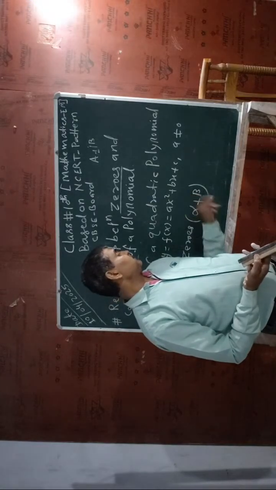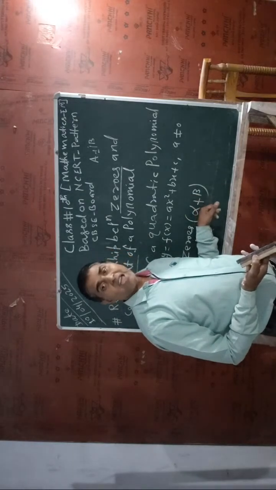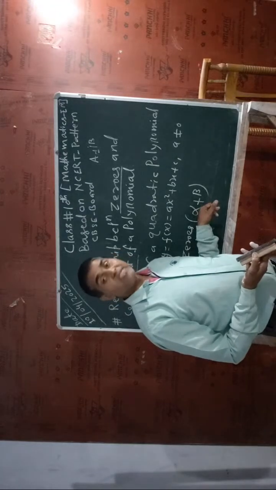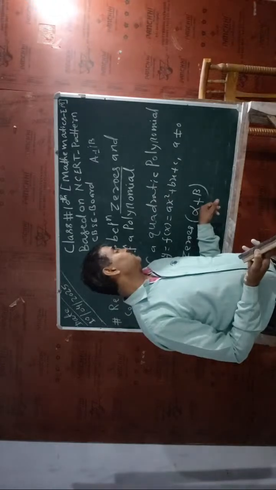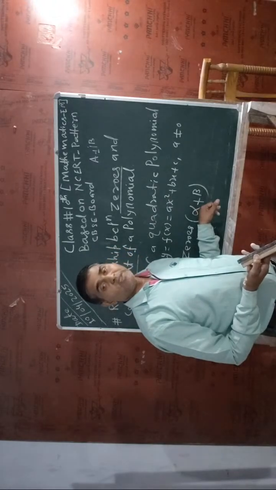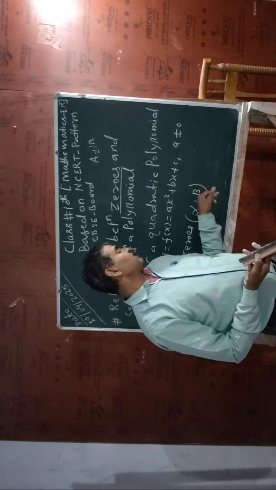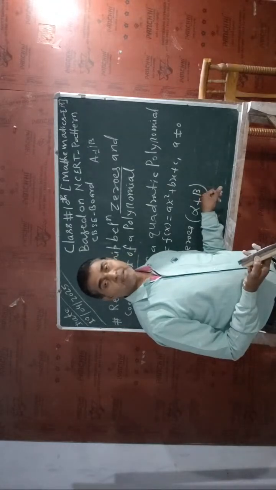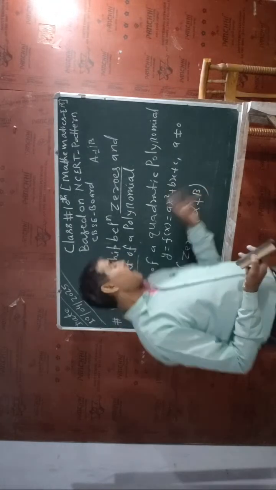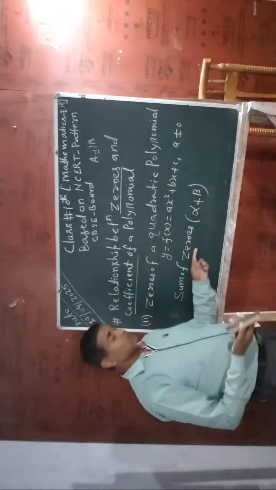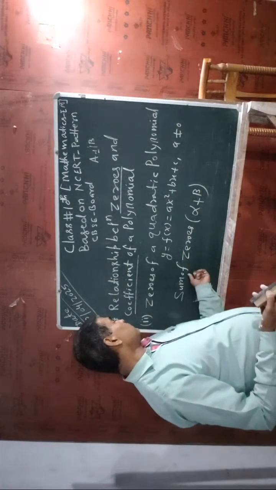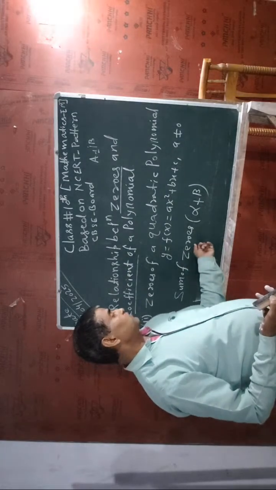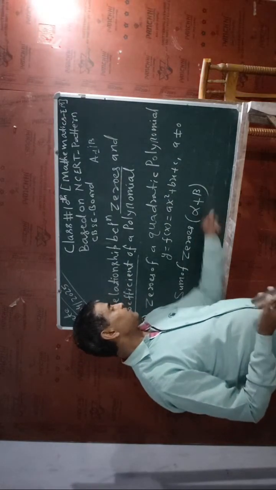Okay, student, it means that on the x-axis, at the point alpha, the quadratic polynomial will intersect, and the same at the beta point. Therefore, I will say two zeros will be available there. So we have to calculate the sum of zeros, that is alpha plus beta.